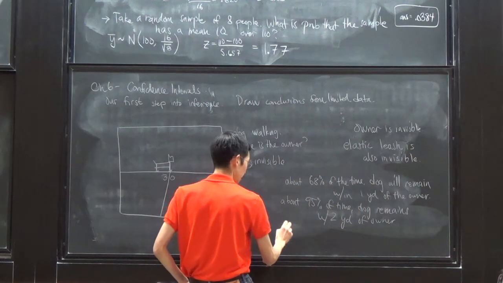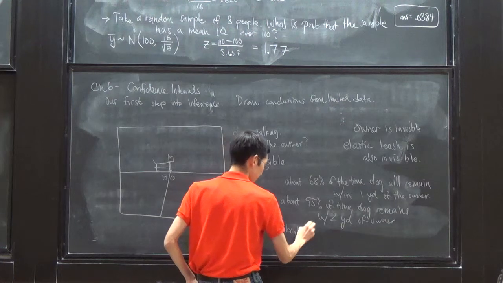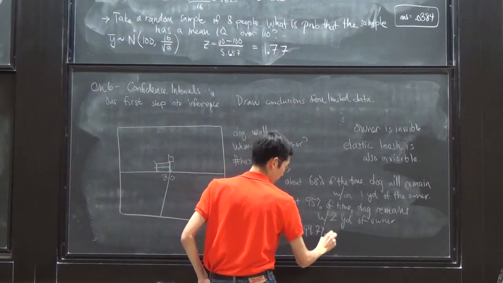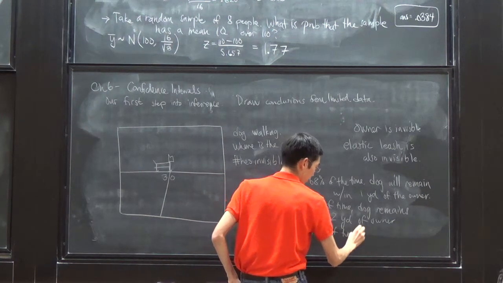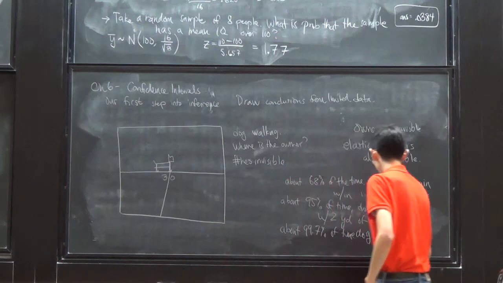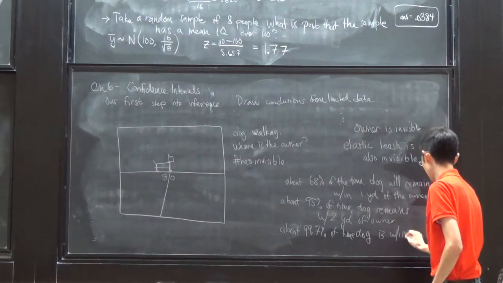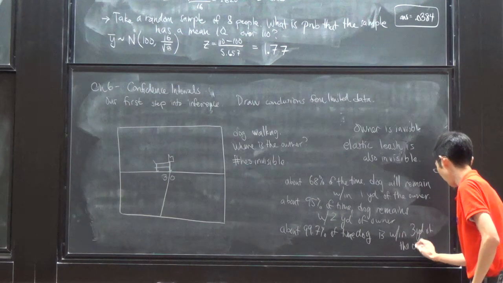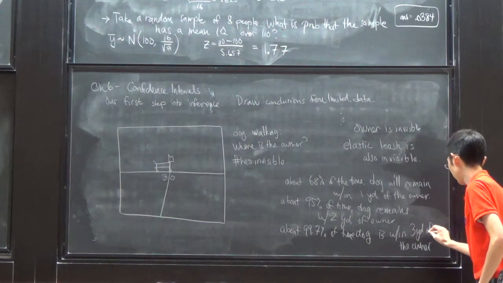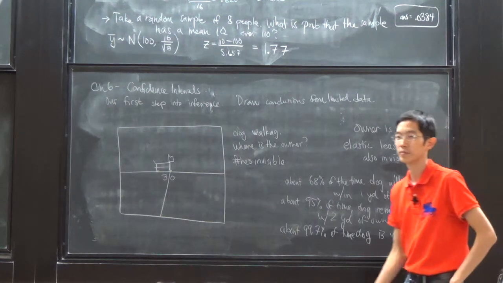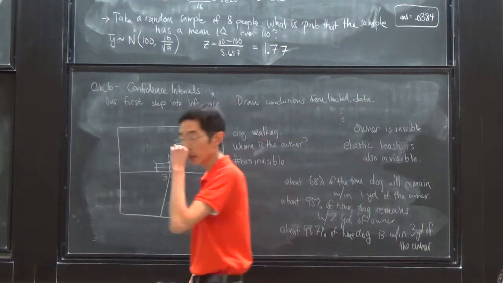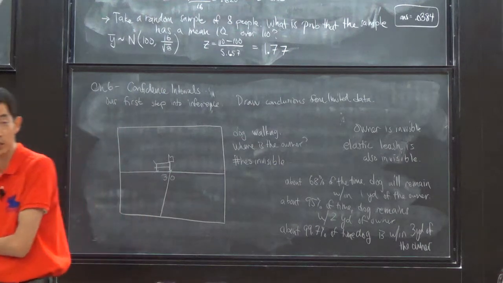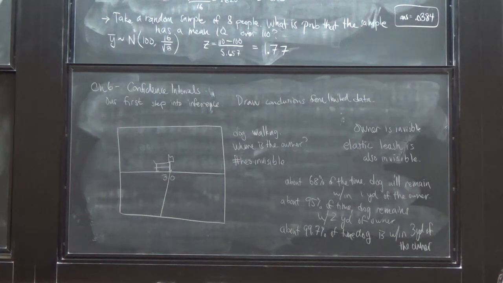And about 99.7% of the time, the dog is within 3 yards of the owner. Okay, so we know that much about the behavior of the dog and the properties of this elastic leash.